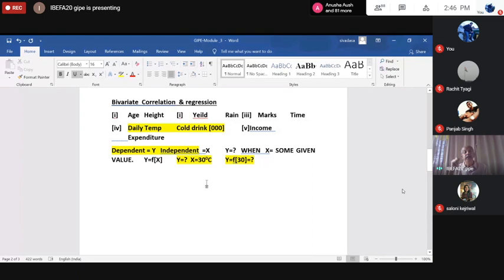For answering this, we are following the topic correlation regression.